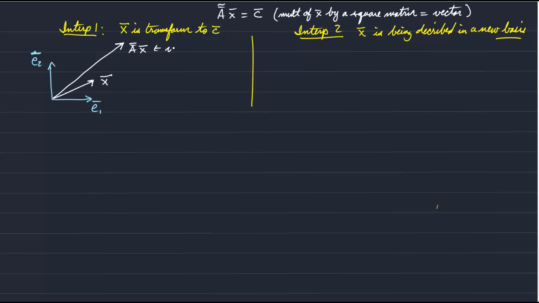And it is a vector of, in general, different magnitude and direction. And this is, of course, an illustration in 2D space.